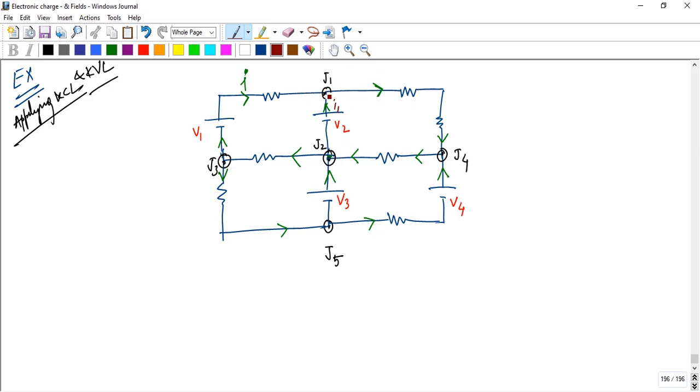Here from KCL at J1, I1 enters the junction and I enters the junction. Suppose that is I1, then the easiest way, that is I2.